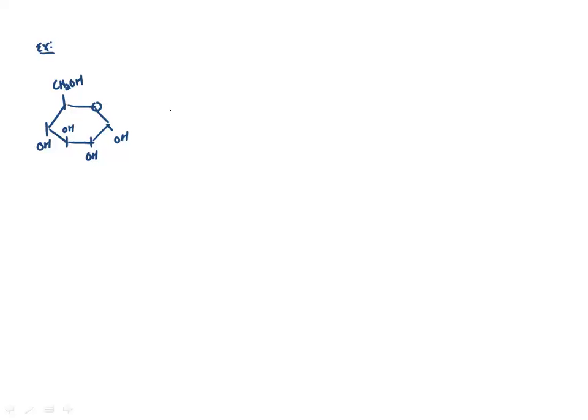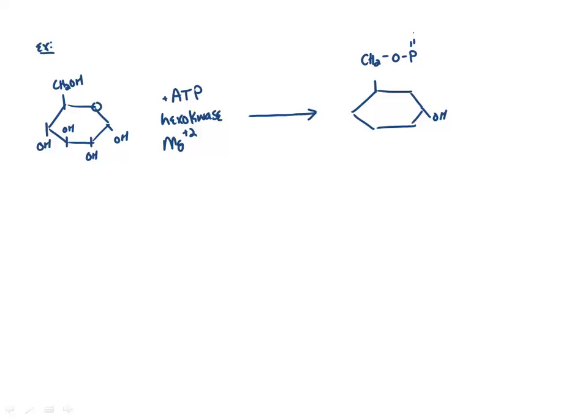And for this reaction to occur, you've got an ATP, you've got hexokinase, which is your actual enzyme. You actually have to have a magnesium 2+ ion all floating around in the right space in order to simply add a phosphate group.